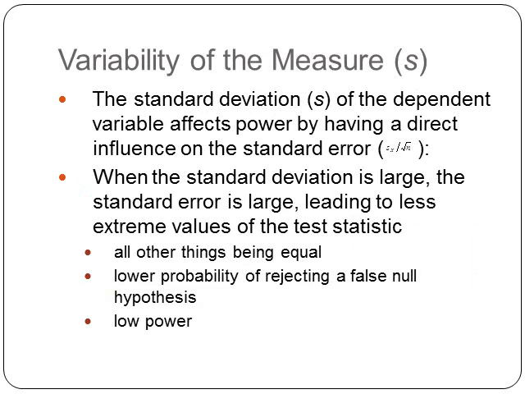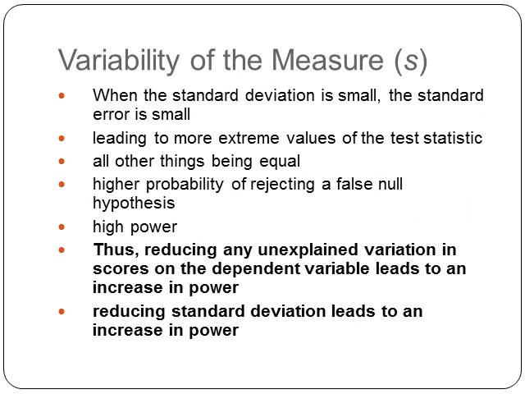Variability. The standard deviation of the dependent variable affects power. When standard deviation is large, standard error is large, leading to less extreme values of the test statistic. So all other things being equal, lower probability of rejecting a false null hypothesis, the lower the power. When the standard deviation is small, standard error is small, leading to more extreme values of the test statistic.